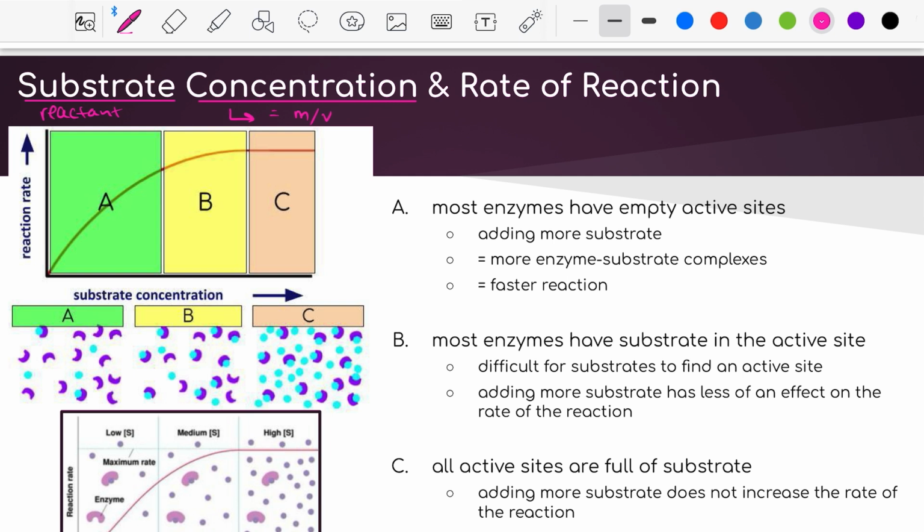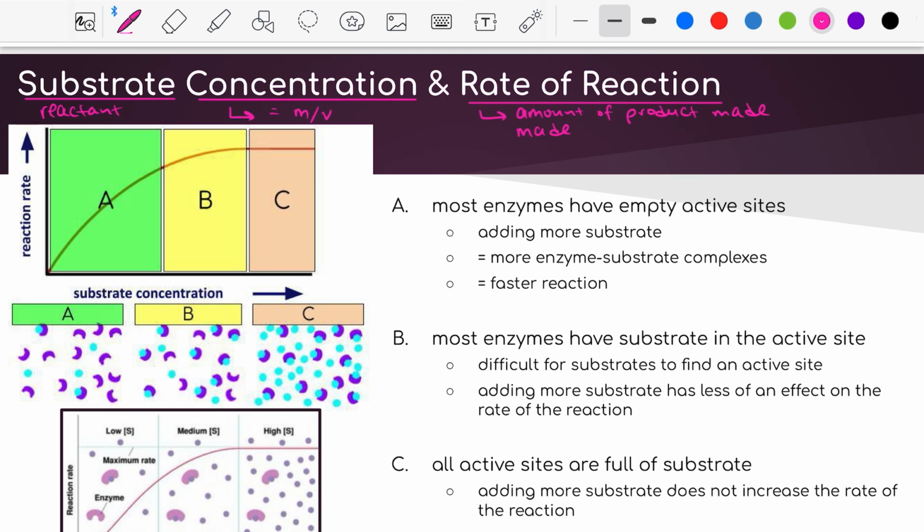And the rate of the reaction, remember we can measure rate of reaction. We're talking about the rate of a chemical reaction or an enzymatic reaction. Remember there's two ways that we can measure this. It's the amount of product made per unit time, made divided by time.